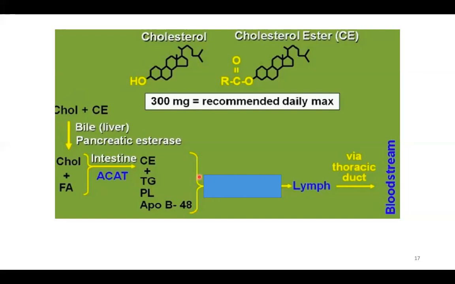So I like to think of this cholesterol as the one that was in the liver. It went into my bile, it went into the GI tract, and now it's being reabsorbed by my chylomicron. The reason I'm trying to differentiate between that is because most of our cholesterol is from the inside of our body, versus most of our triglycerides is from the outside of our body.